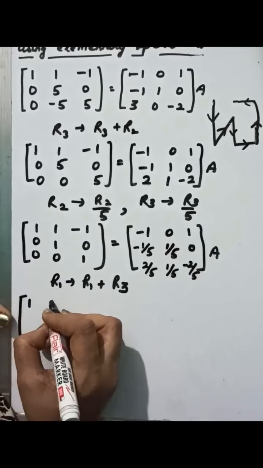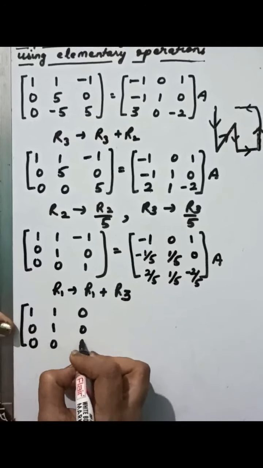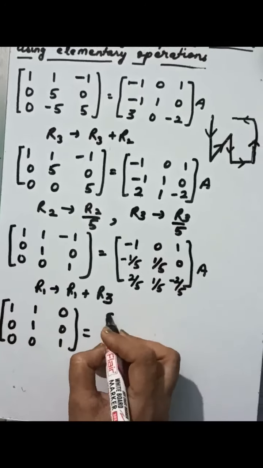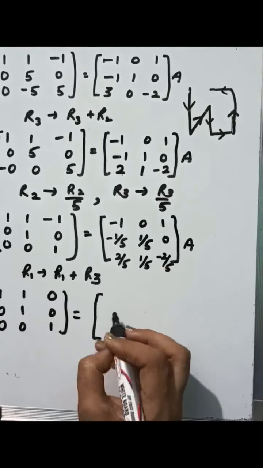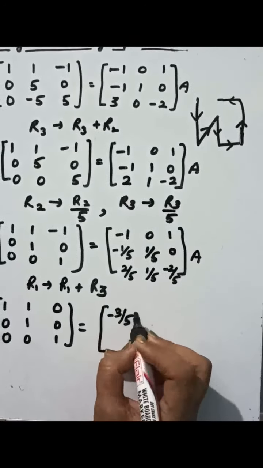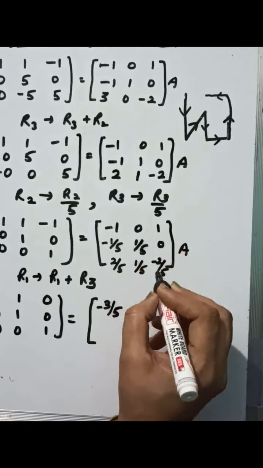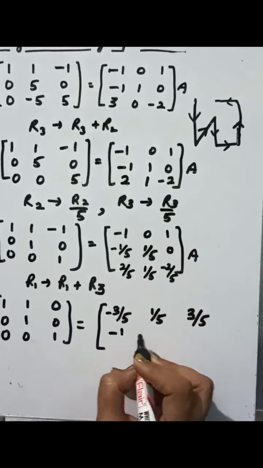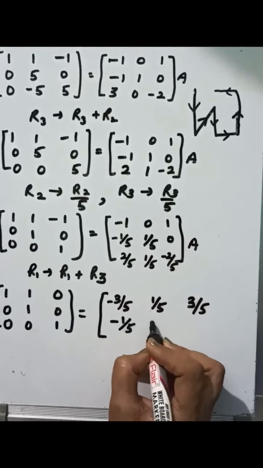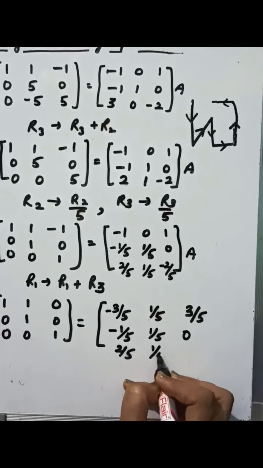So 1, 1, 0. Second and third rows remain as they are. Same. Minus 1 plus 2 by 5, minus 3 by 5. 0 plus 1 by 5. Again 1 minus 2 by 5, 3 by 5. Second row as it is. Third row as it is.